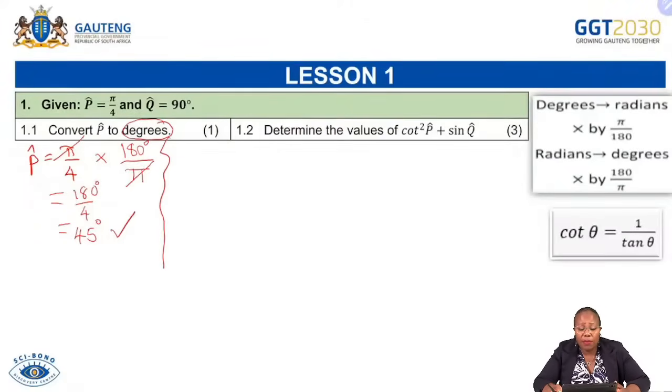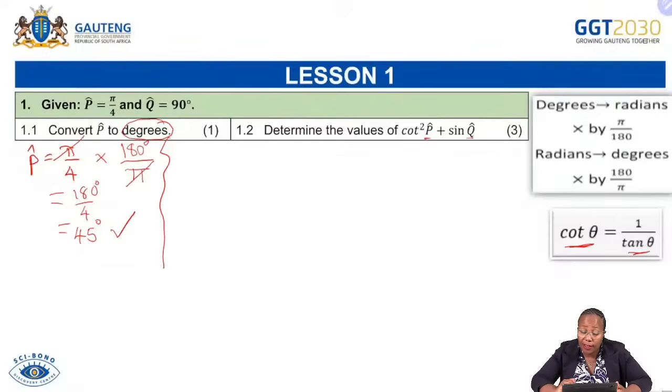And then to determine the second one, we are determining the value of cot squared P plus sine squared Q. That means, grade 12, here we are using the substitution method to answer this question because we have the value of P and the value of angle Q there. So now cot, again, you need to check, the cot is 1 over what?